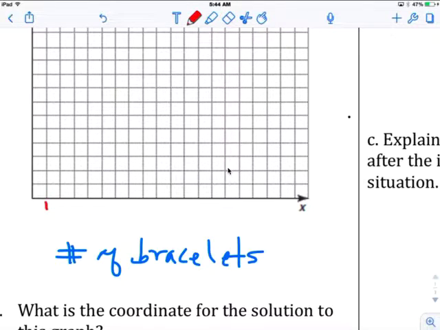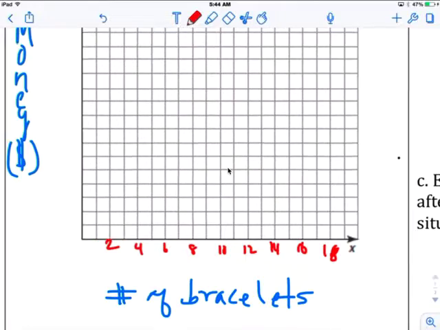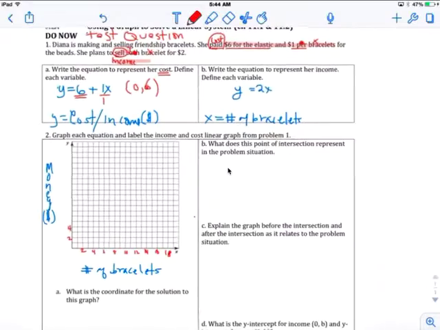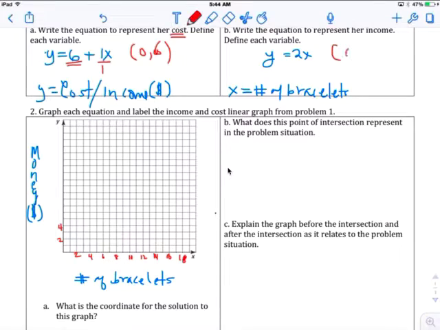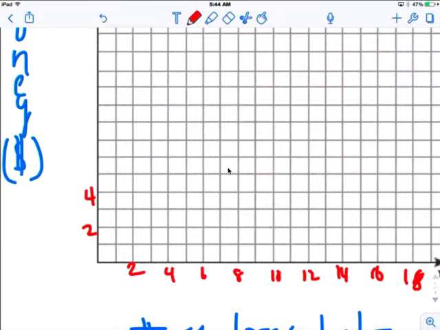I'm going to do every other one. 2, 4, 6, 8, 10, 12, 14, 16, 18, then 20. Same thing. This is starting at 6, and this starting at 0, 0. So we can number this by 1.